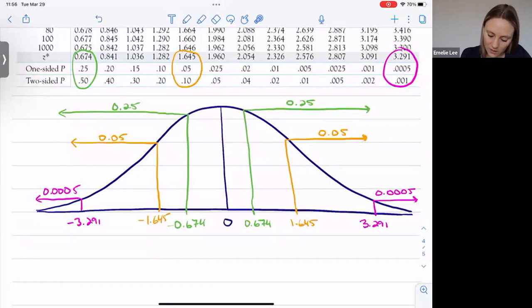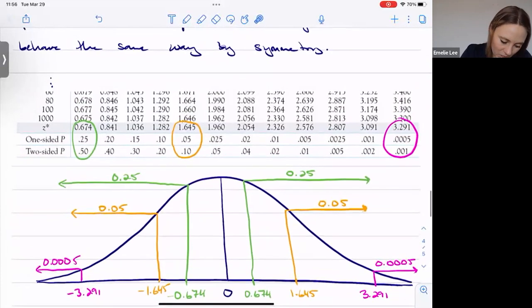And notice that the area between these two values is going to be the confidence level.